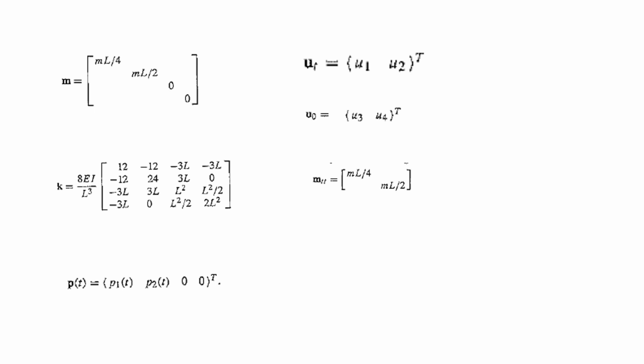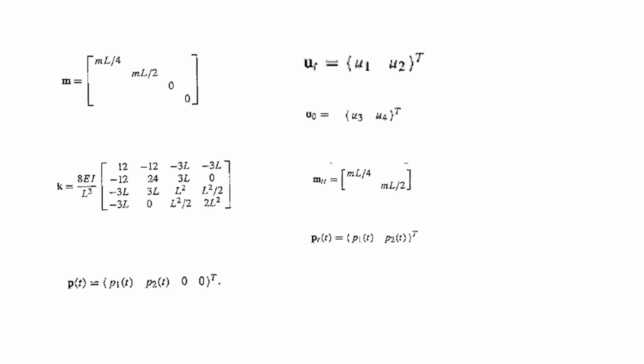You can go back some slides where we discussed mtt and m00. Now what is pt? It's p1 and p2, and p0 will be 0, 0.